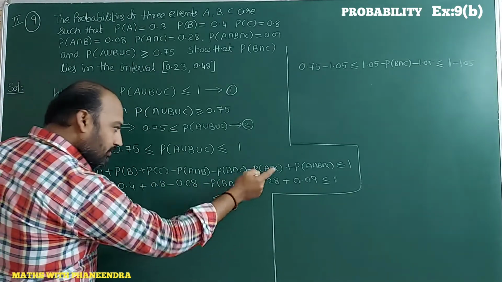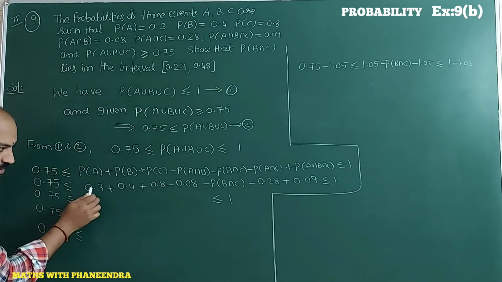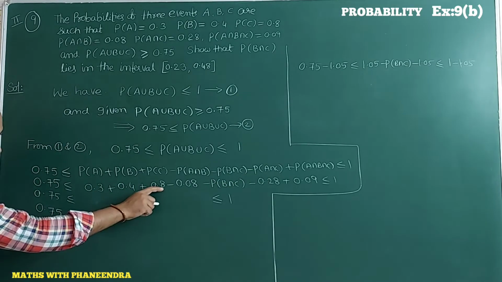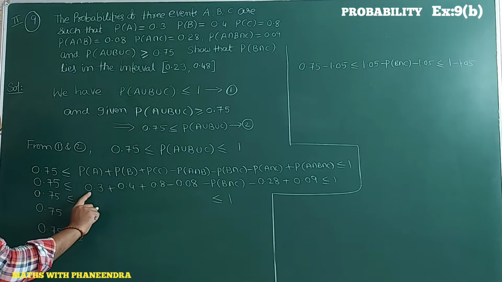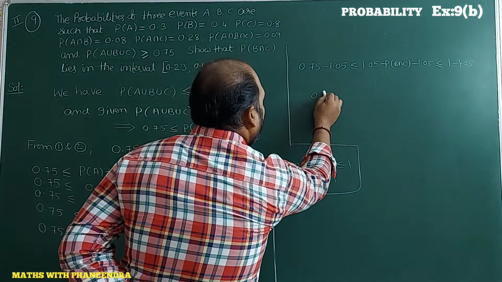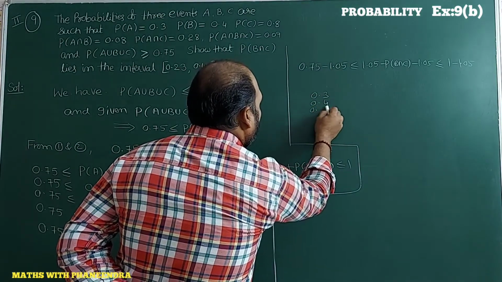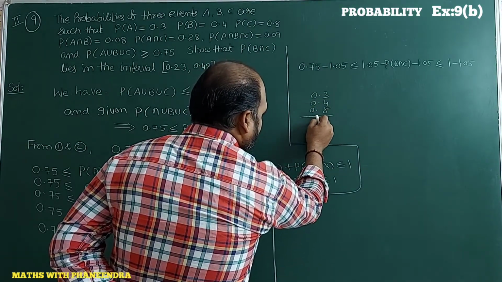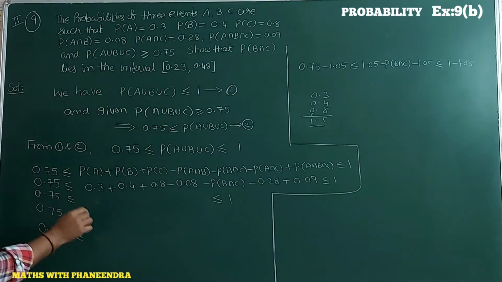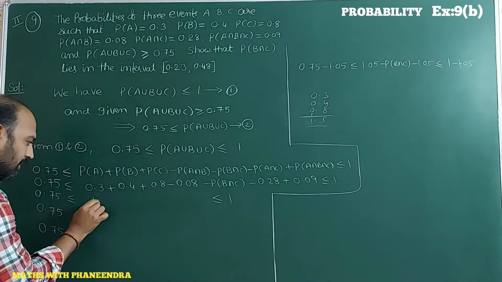You will get 1.2, and so on. First we have to add 0.3, 0.4, 0.8. So these three values give 1.5.